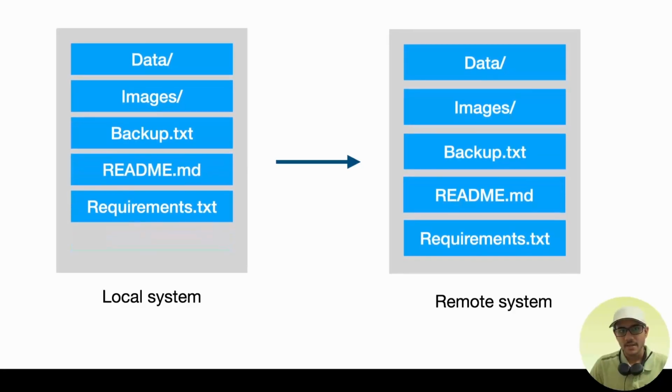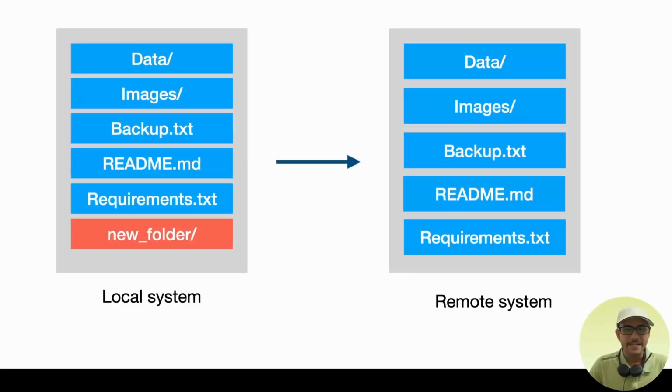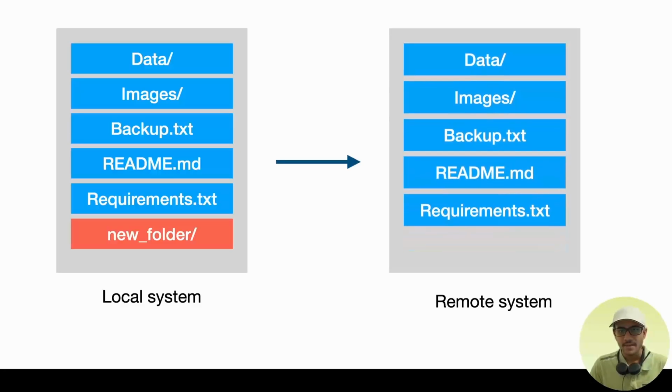Let's say on my local system, I created a new folder, which I'm naming new folder here. Now if I want to sync the files between my local system and remote system, rsync is smart since it already has the metadata and knows what information it had synced earlier. So it will only sync the new files and folders that were added.